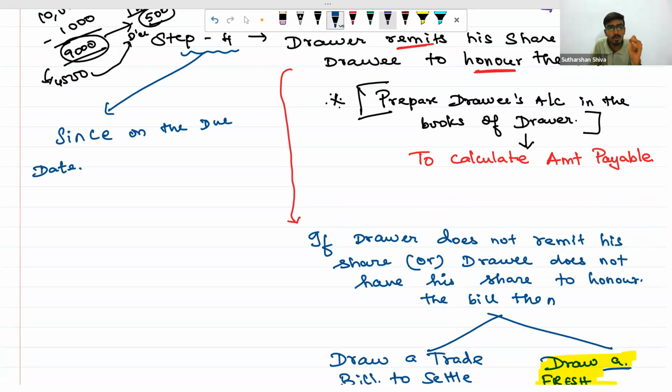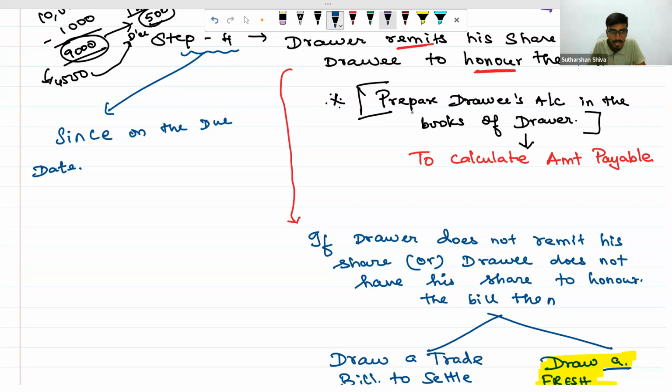Once discounted, with whom is the bill? Who is having the bill? The bill is with the bank.